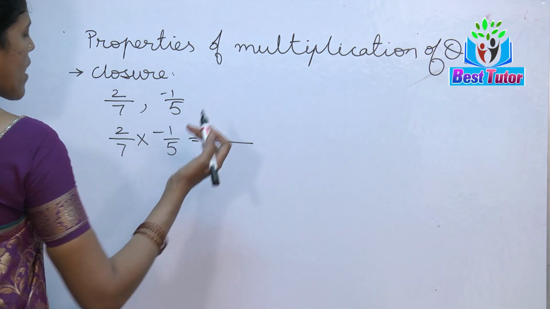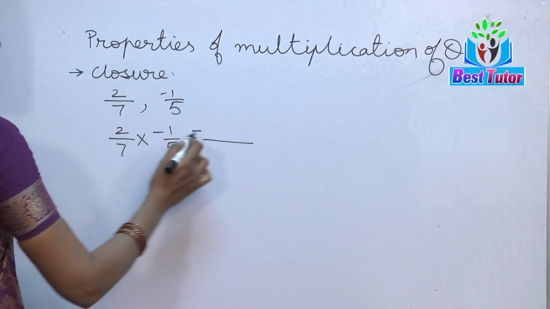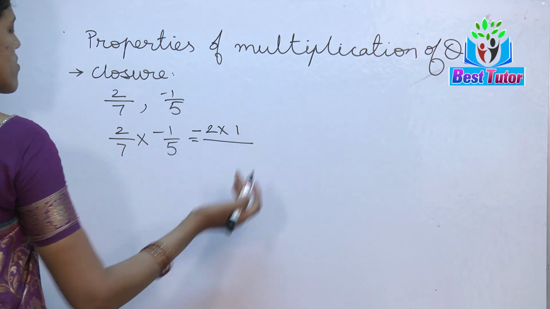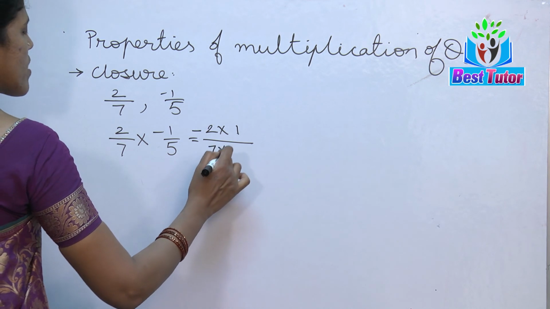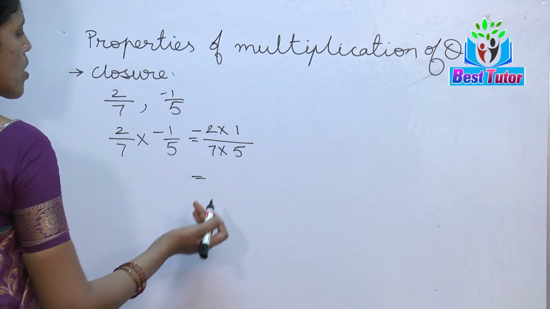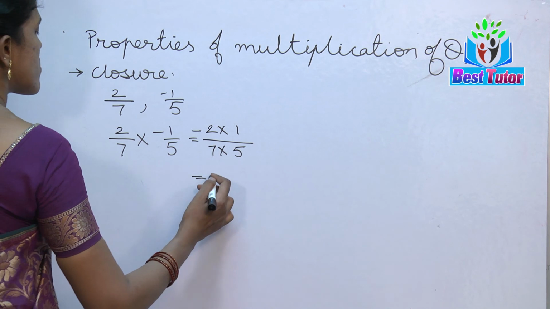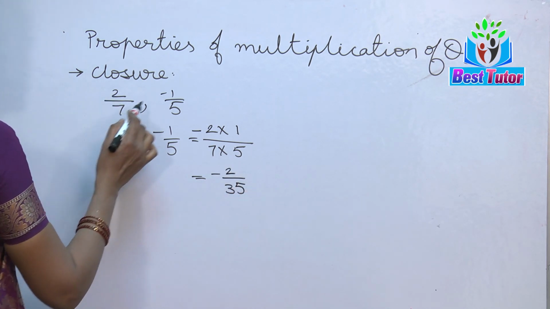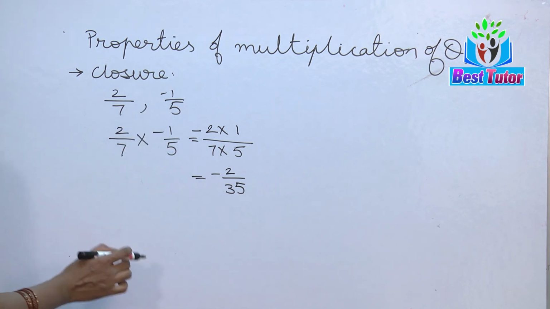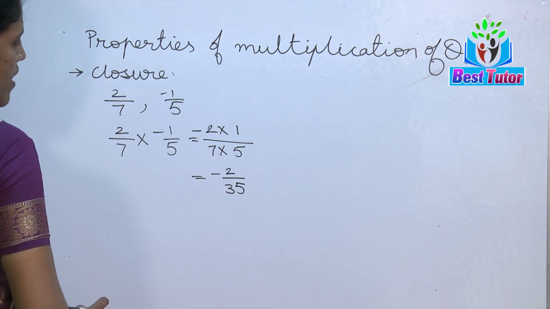Plus into minus is minus. Then the third step, multiply the numerators and put it as the numerator of the result. Multiply the denominators and that is going to be the denominator of the result. So the final answer is going to be minus 2 by 35. So 2 by 7 into minus 1 by 5 is minus 2 by 35.